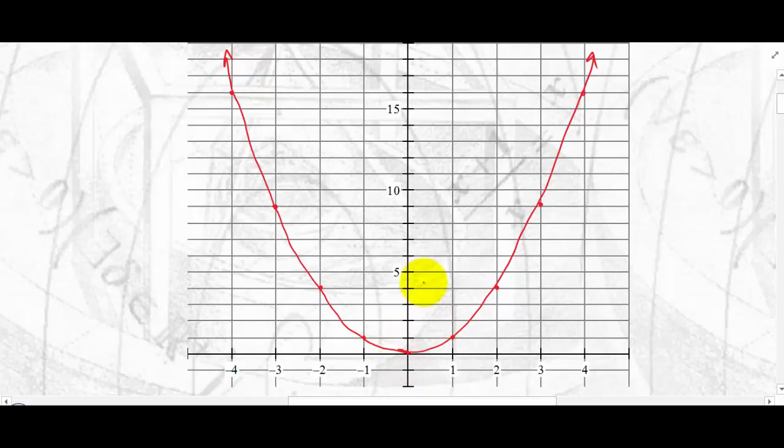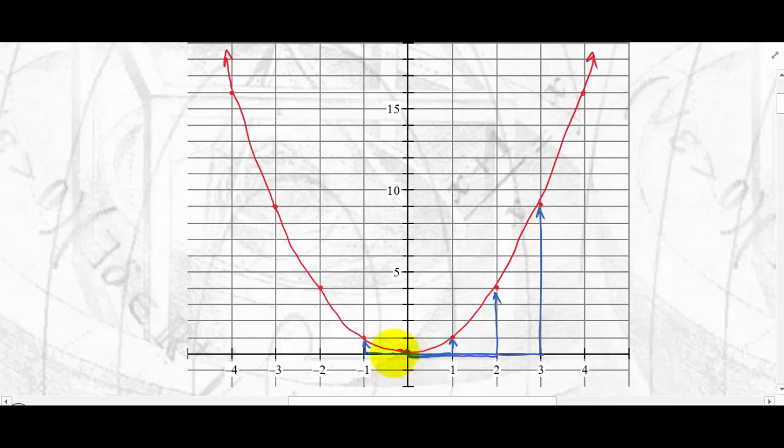All right. Anyway, what we notice here is, instead of talking about coordinates of a point, let's talk about distance from the vertex. If you move 1 away from the vertex in any direction, you'll go up 1. If you move 2 away from the vertex, you'll go up 4. If you move 3 away, you'll go up 9. And 4 away, you'll go up 16.